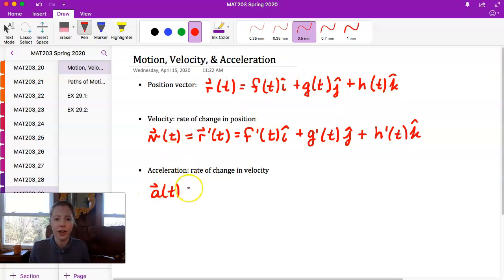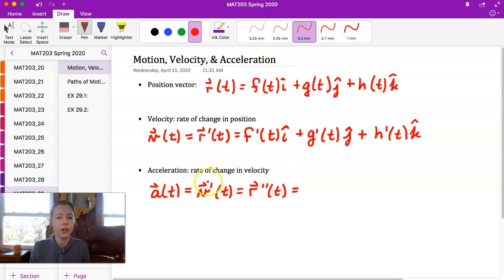These are all vectors because they have these different x, y, z components, i hat, j hat, k hat, unit vectors in each of those directions. It is equal to the first derivative of velocity, and then the second derivative of position.